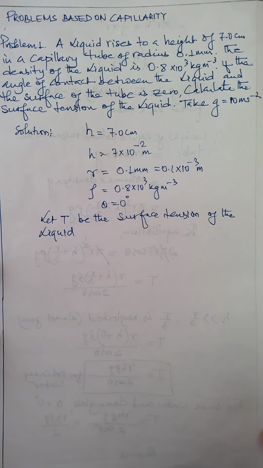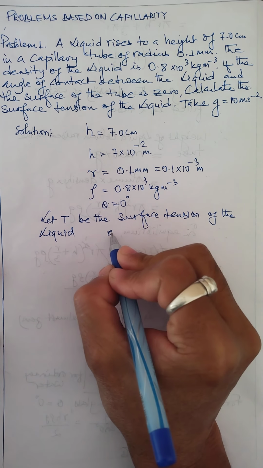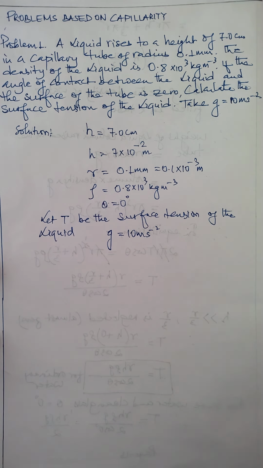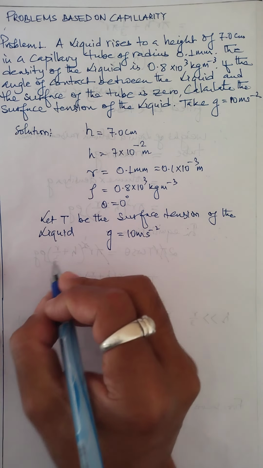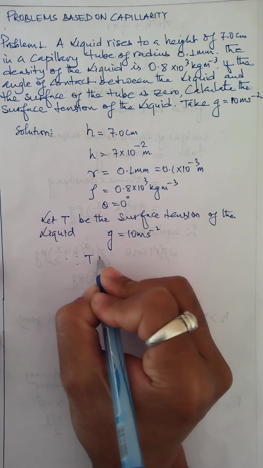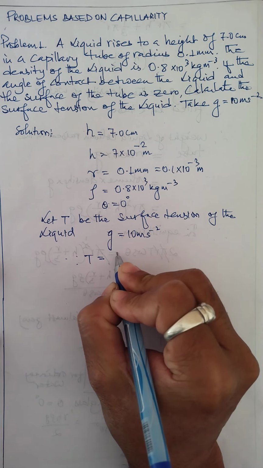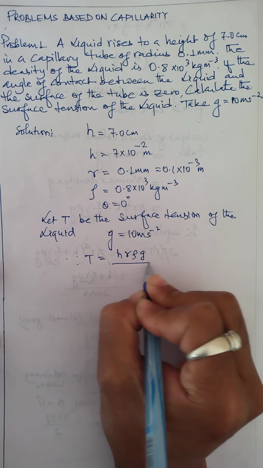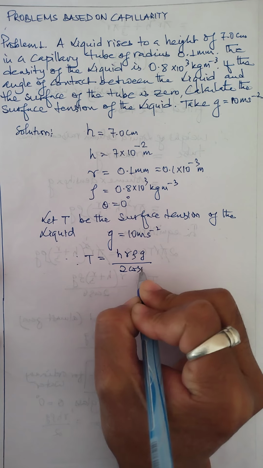Now to calculate the surface tension, even your value of g is given, that is 10 meter per second square. So we use the formula to determine the height, and there is a formula we have learned already. That formula determines the surface tension: T equals h r rho g by 2 cos theta.